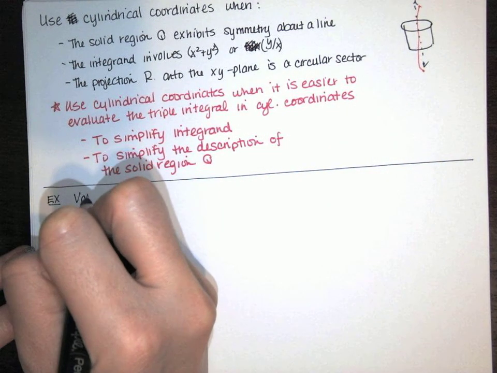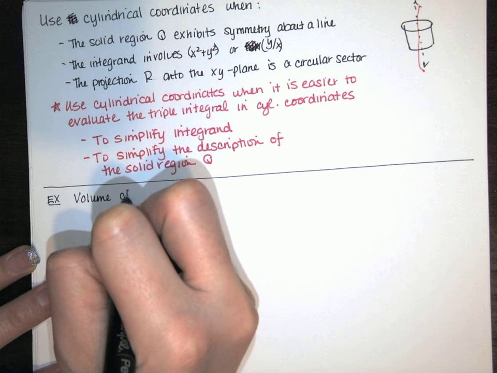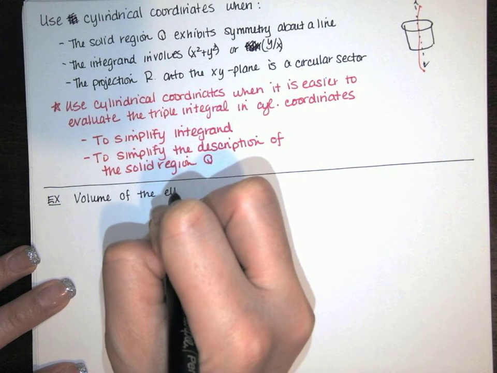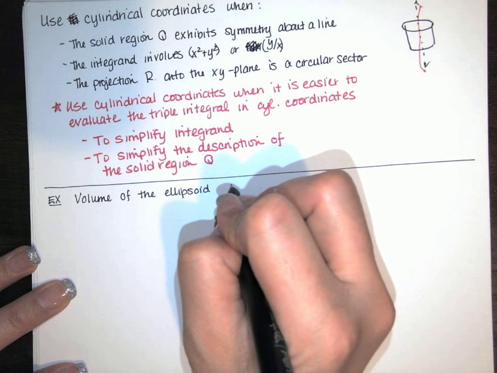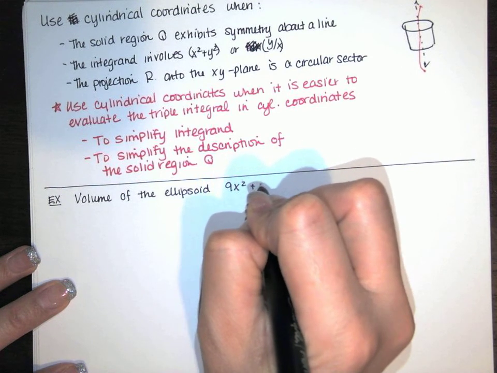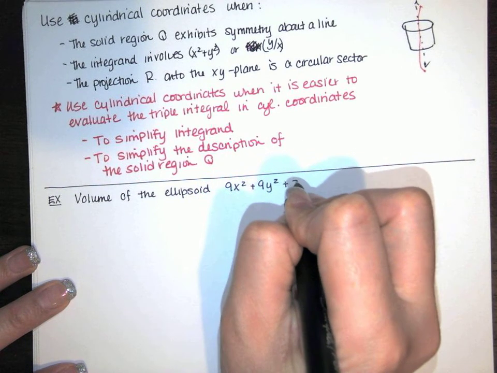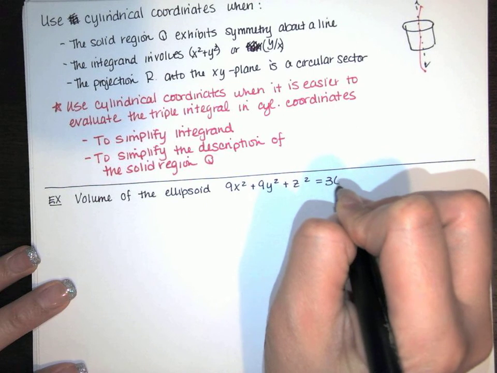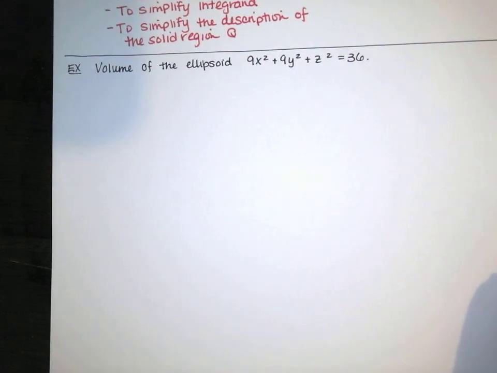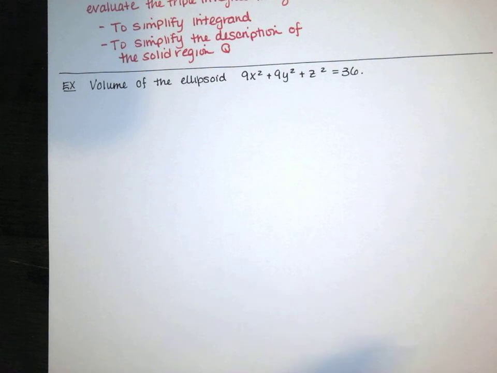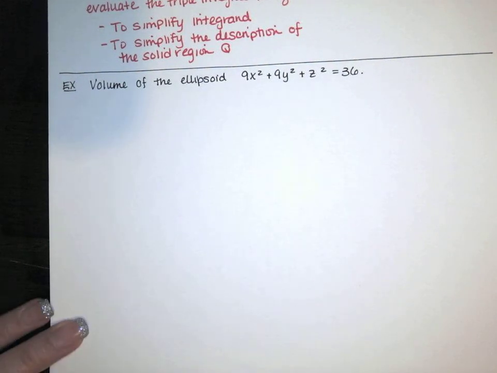Let's just say we want to find the volume of the ellipsoid given by 9x squared plus 9y squared plus z squared equals 36. Well, the first thing that I would do in order to set up the volume integral is graph this thing.